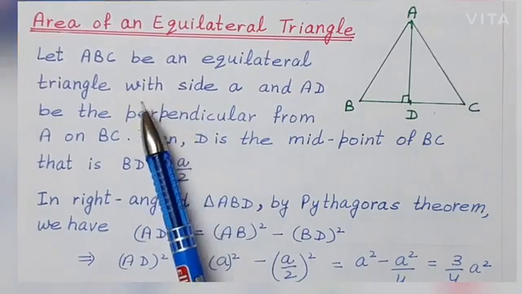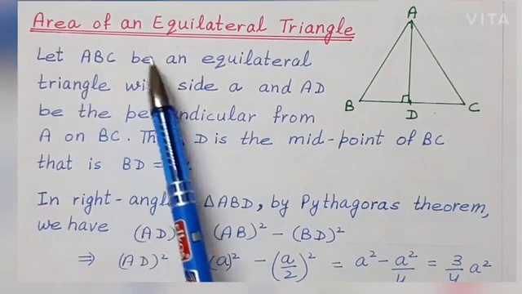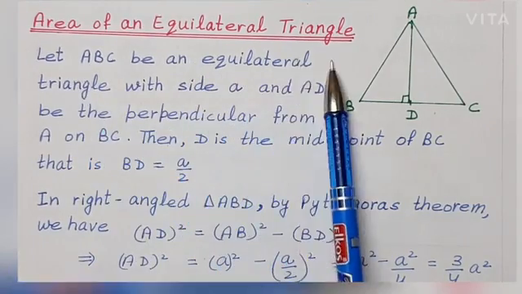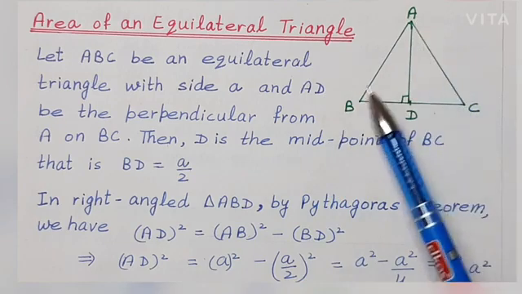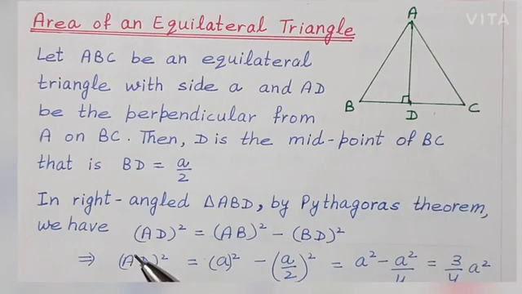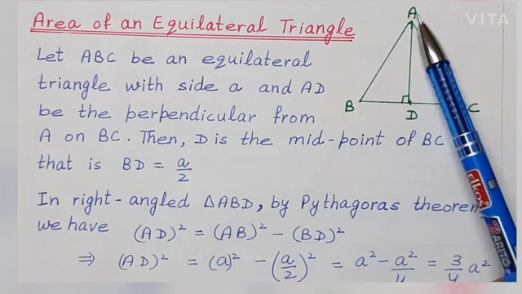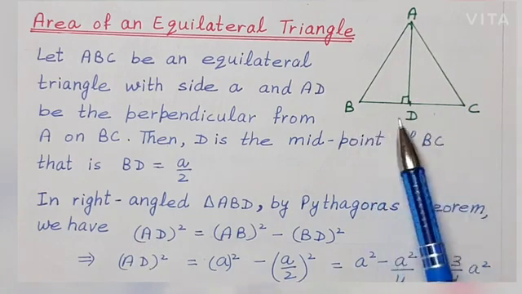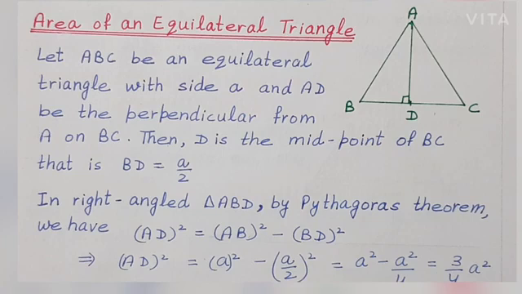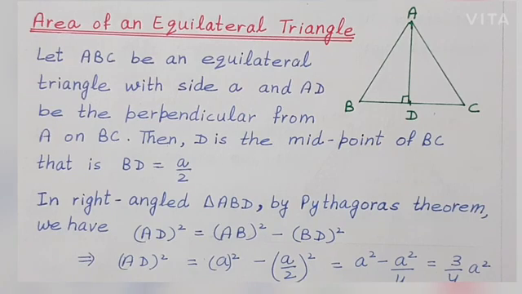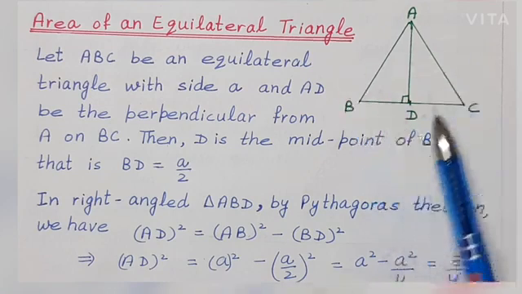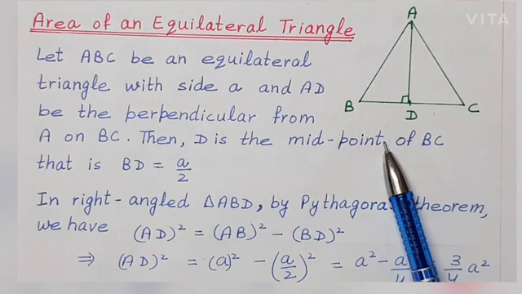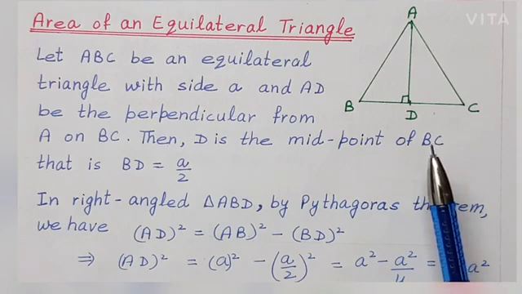Now students, let us discuss area of an equilateral triangle. You know what an equilateral triangle is? Yes, when all the three sides are of equal length, that is AB is equal to BC is equal to AC. Let us assume the equal sides as a. Now let us see how to derive the formula.